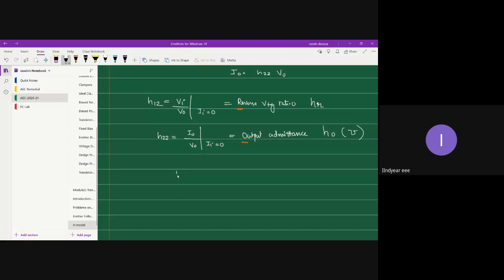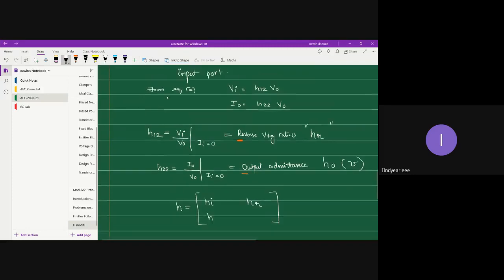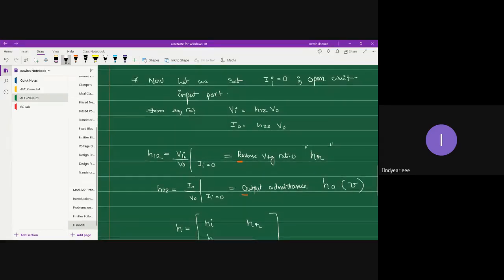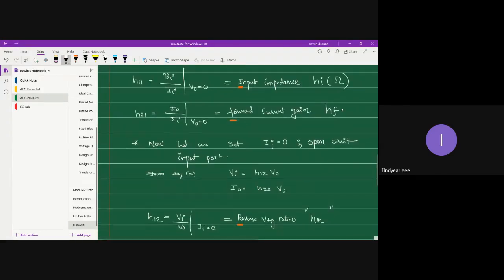So what I will do, I will complete the network here. I had H11 here. So H11 is HI, H12 is HR, and then H21, what is H21? It is HF.